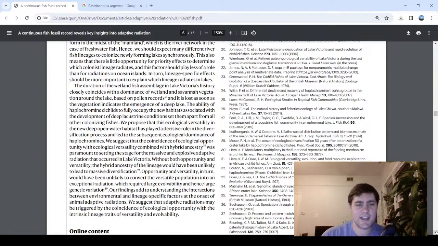Our findings add to understanding the interactions between environmental and lineage-specific factors at the onset of animal adaptive radiations. We suggest that adaptive radiations may be triggered by the coincidence of ecological opportunity with the intrinsic lineage traits of versatility and evolvability.